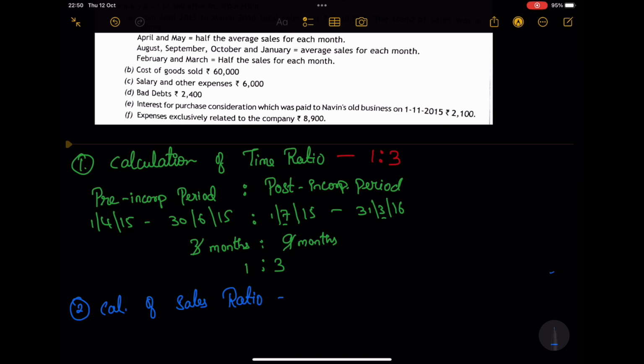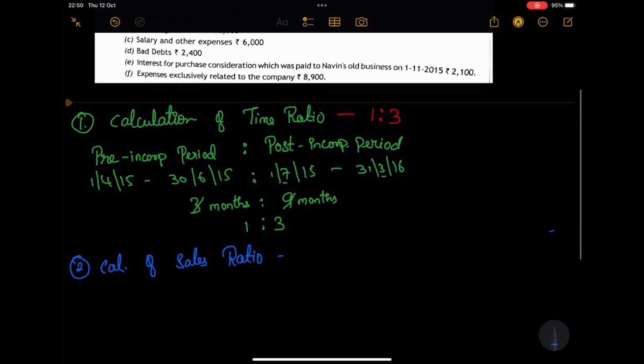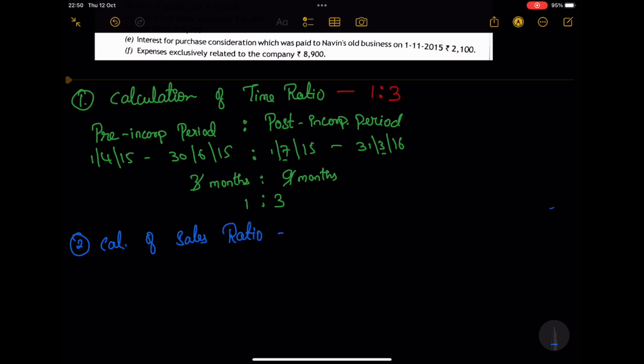How will we be calculating the sales ratio? Pre-incorporation sales to post-incorporation sales, isn't it? So in the question, have they given direct sales related information?